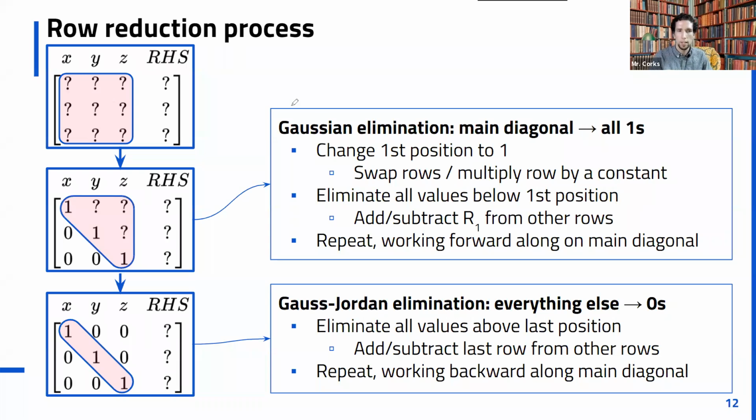Again, if it feels weird or confusing, just remember, imagine whatever you would do if it was a system of equations and doing elimination, then do exactly that same thing with a matrix, because it is the same thing. We're just writing the numbers in a box instead of as lines, but it's the same process. It's all the same concepts.